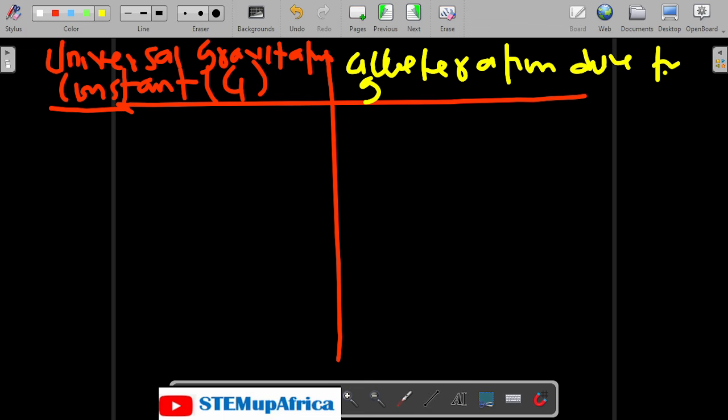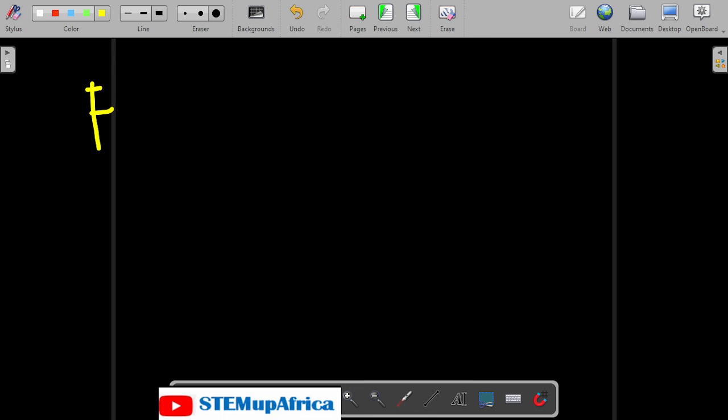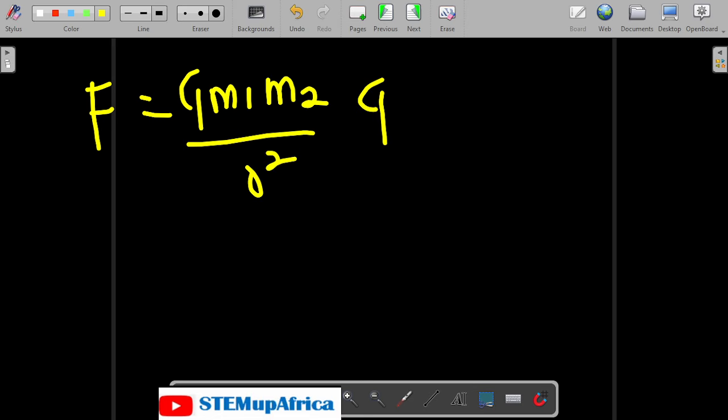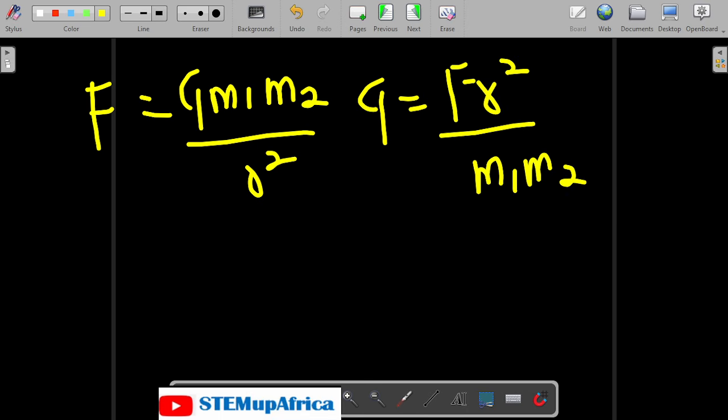First of all, we can differentiate them based on their SI units. What's the SI unit of the universal gravitational constant? Let's assume I don't know it, I can derive it. We know that F is G M1 M2 over R squared. So my G will be F R squared over M1 M2, which is Newton meter squared per kilogram squared.